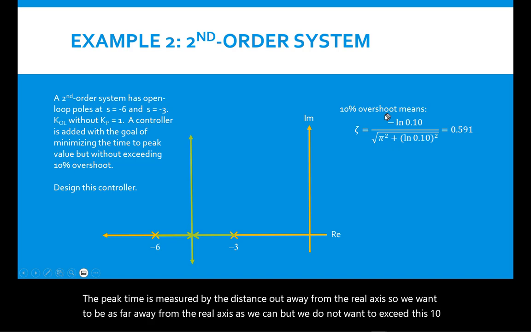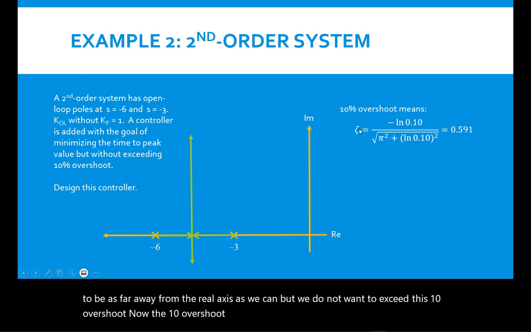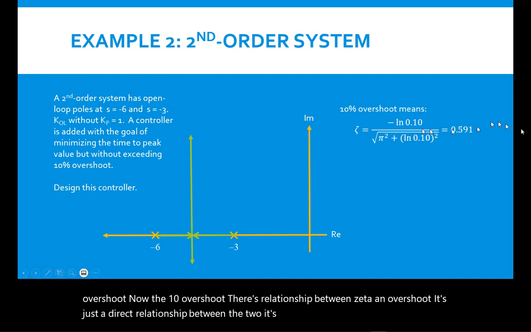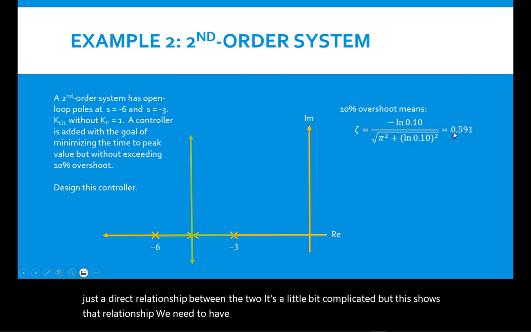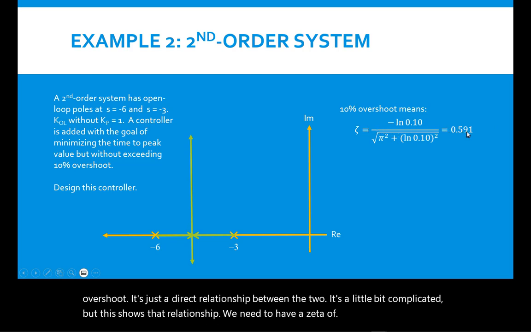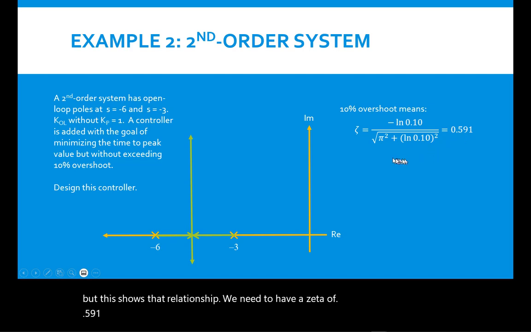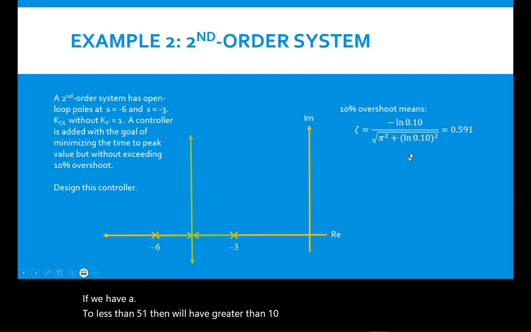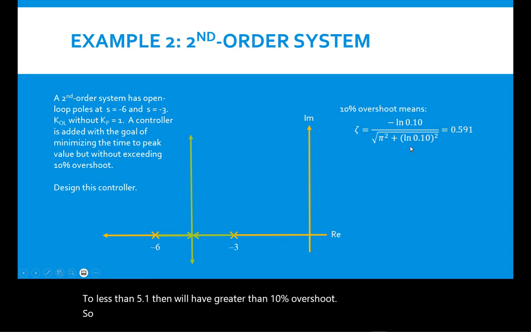Now, for the 10% overshoot, there's a direct relationship between zeta and overshoot. It's a little bit complicated, but this shows that relationship. We need to have a zeta of 0.591. If we have a zeta less than 0.591, then we'll have greater than 10% overshoot. So that limits where we can go.